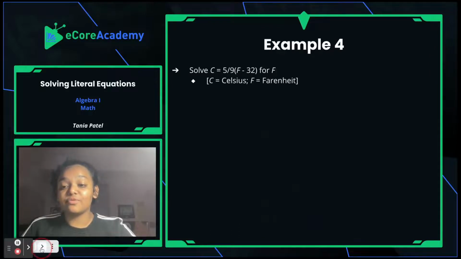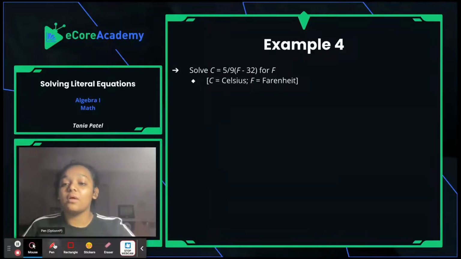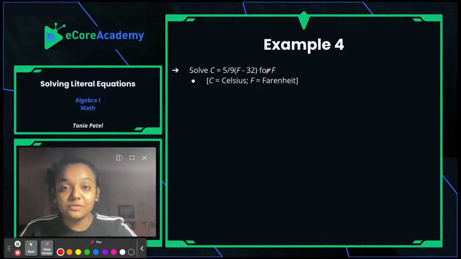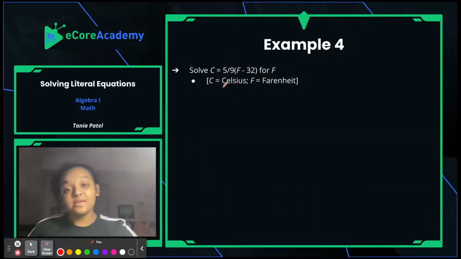Now to example number 4, same deal here. This is an actual formula though. The other one was quite random, I believe. So this one is an actual formula. This is the Celsius formula of how you can find the Celsius value or the temperature when you have the Fahrenheit temperature.